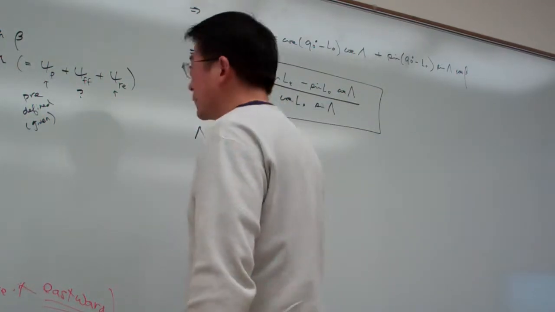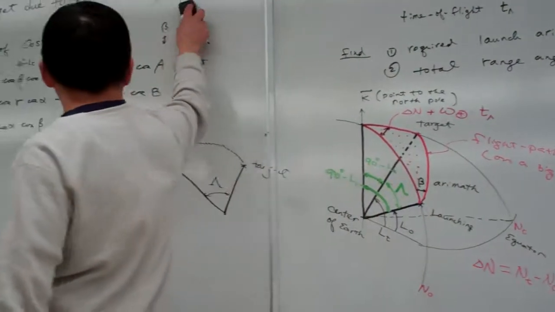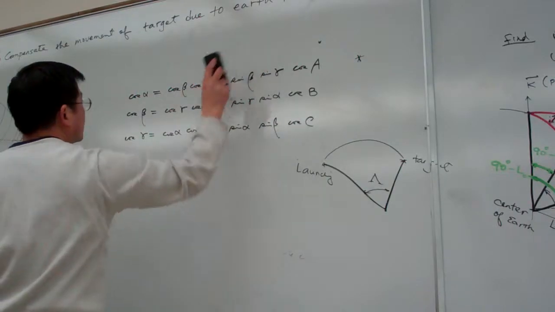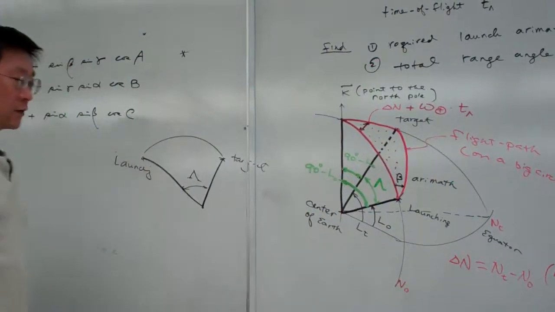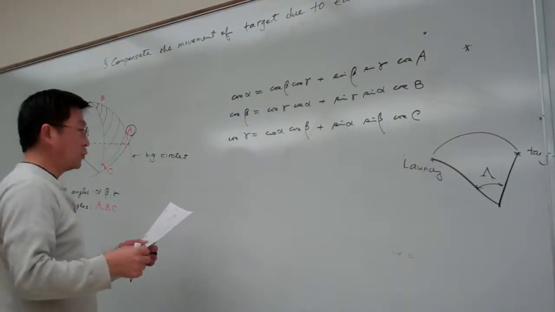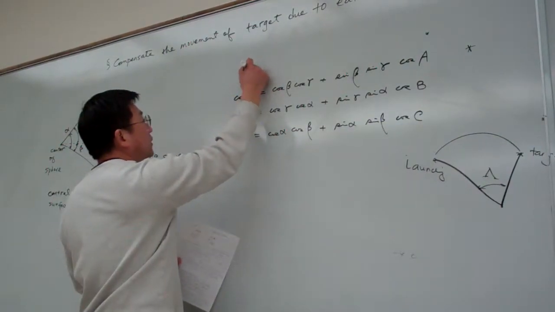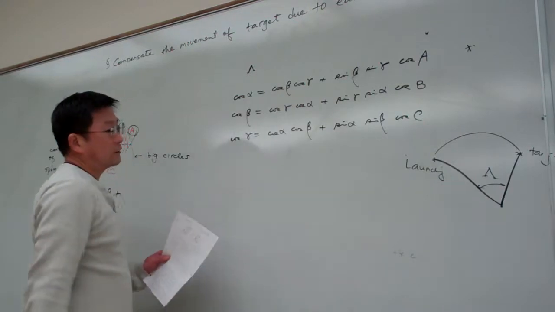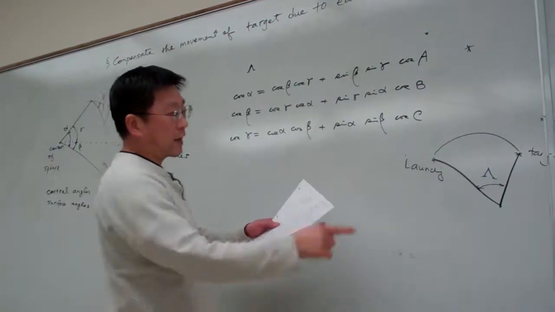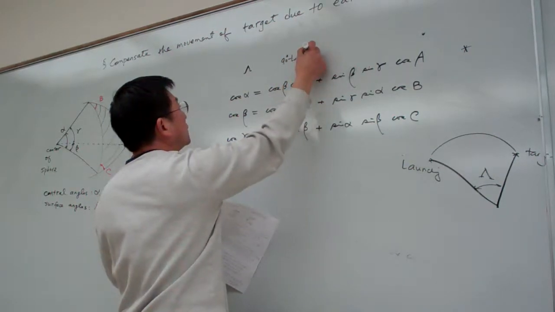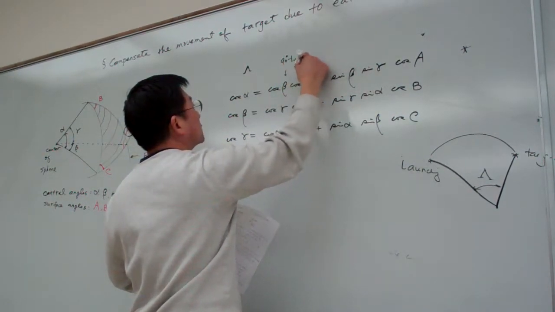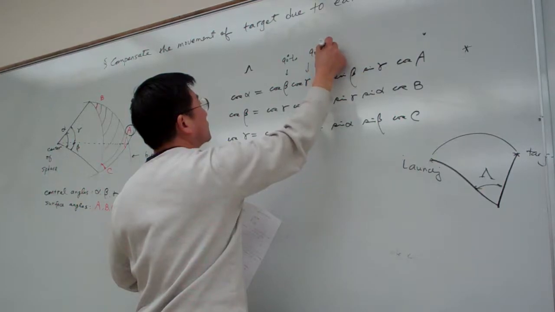So again, utilize this equation one more time. Gamma is one of the central angles. So let me assign gamma equal to alpha. Then the other two would be 90 degrees minus L0, and the other one is 90 degrees minus LT.